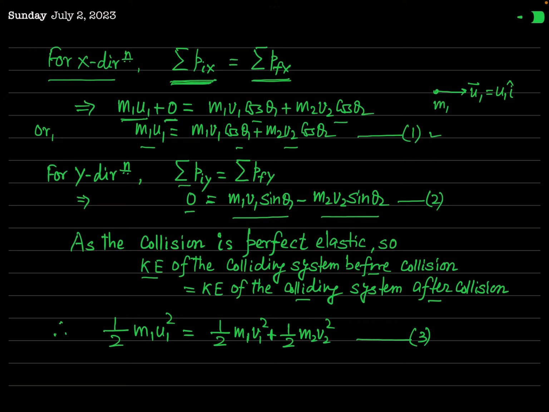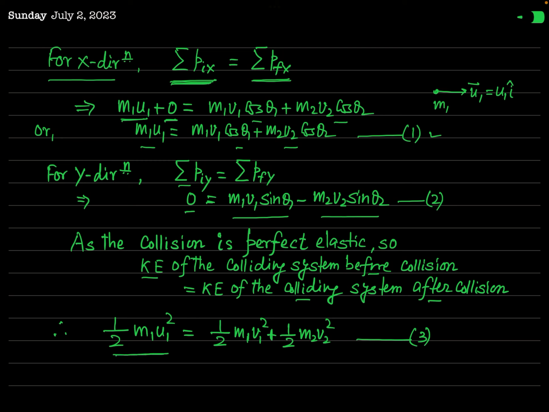Okay. Now, what will be the total kinetic energy of this colliding system before collision? As you know, before collision only mass m1 is moving with velocity u1. So the kinetic energy of m1, that is that of the projectile, will be half m1 u1 square before collision. But since m2 is at rest, the kinetic energy of m2 will be 0.